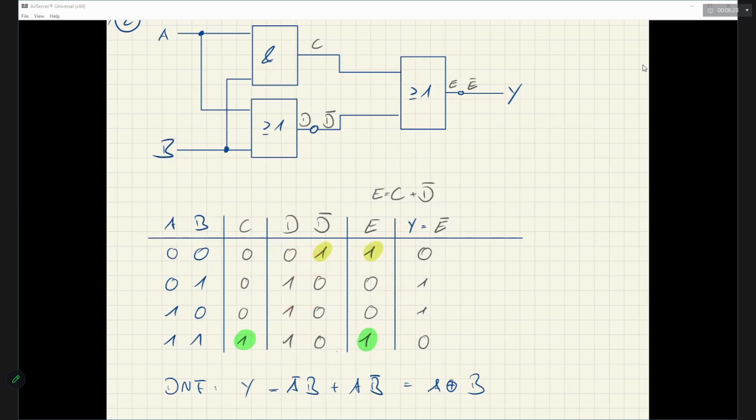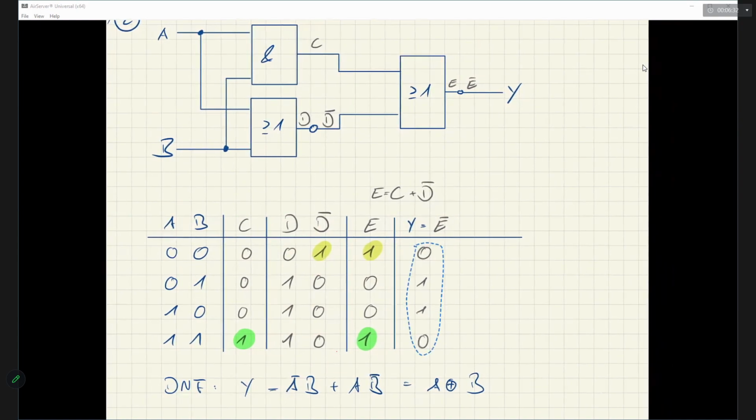Okay, sir, isn't that a NOR gate? That's a NOR, yeah. So this one here is a NOR in combination. Okay, sorry.